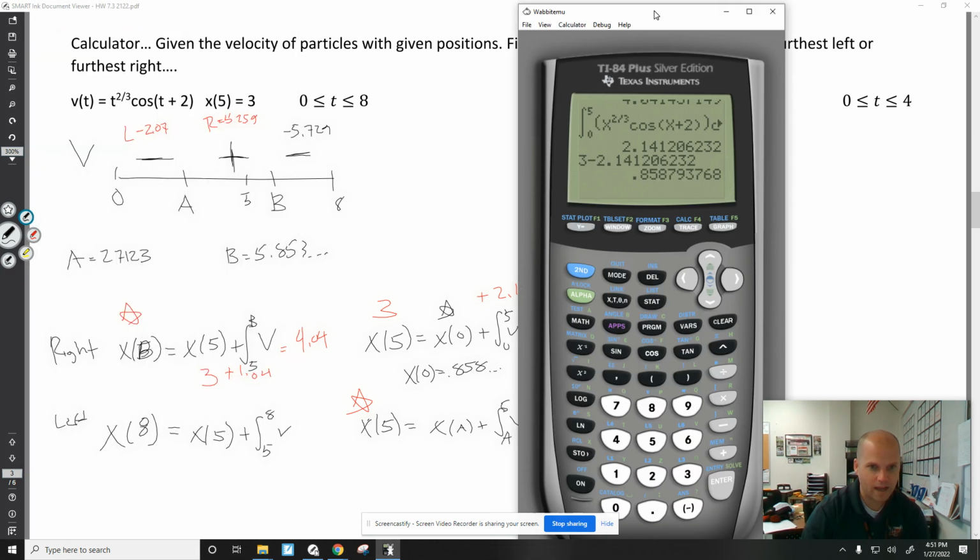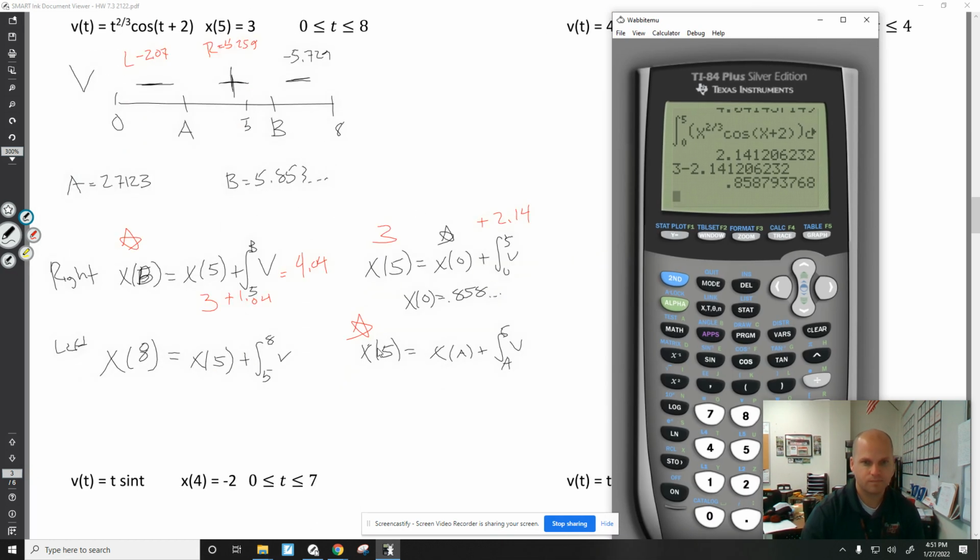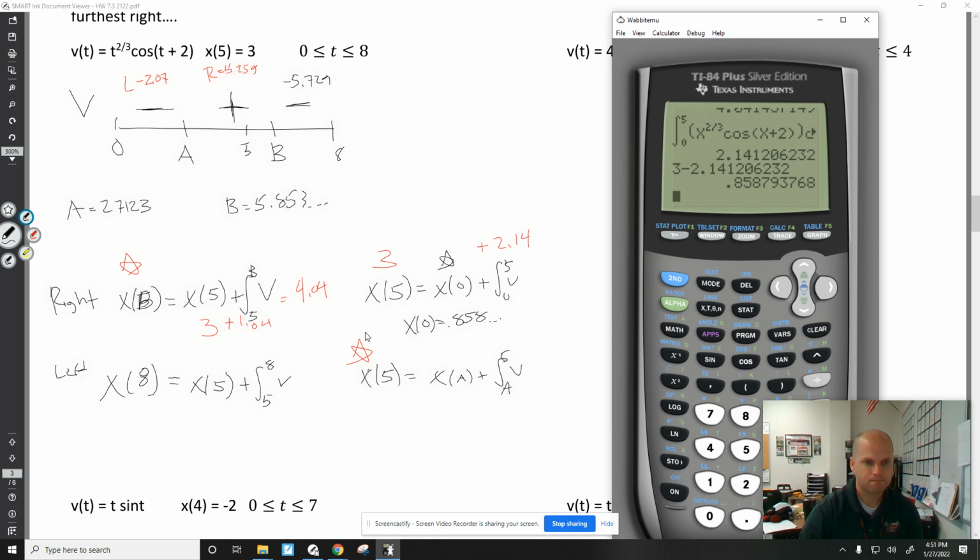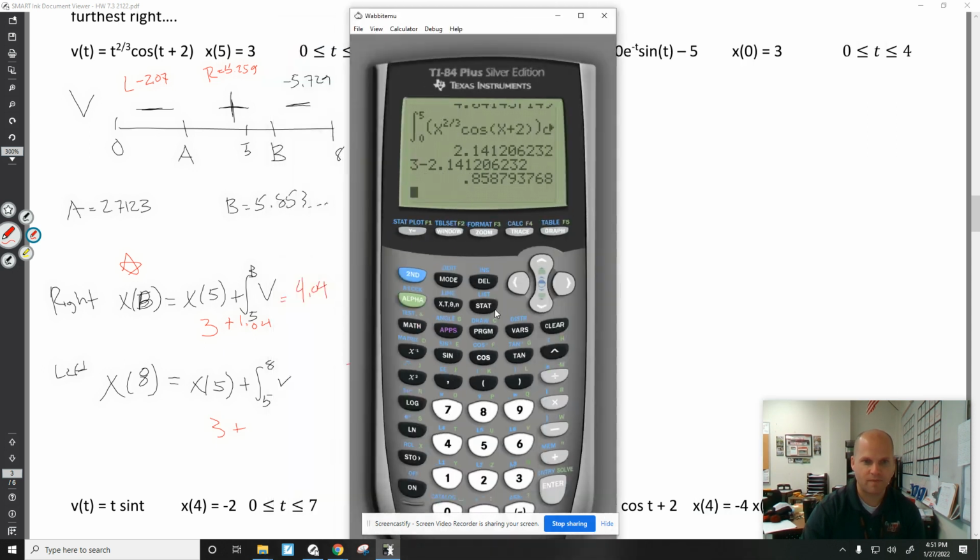Let's try the left and just make sure. I know x of 5 is 3. What is my displacement from 5 to 8? So from 5 to 8, this is my other endpoint. Negative 4.687.